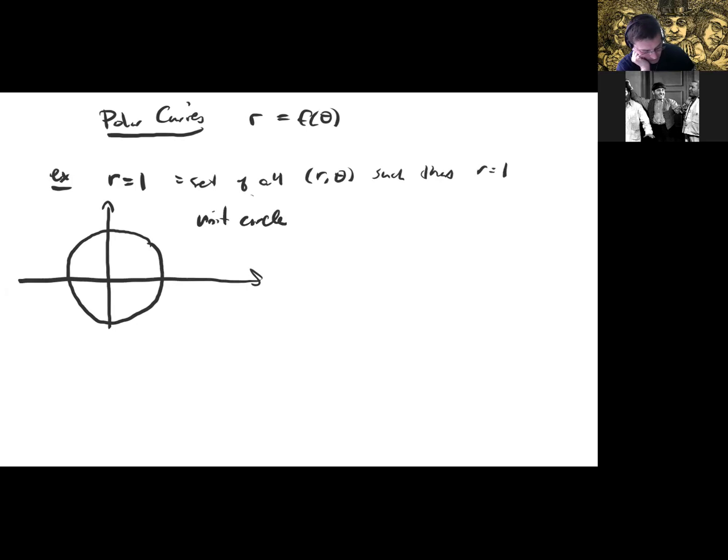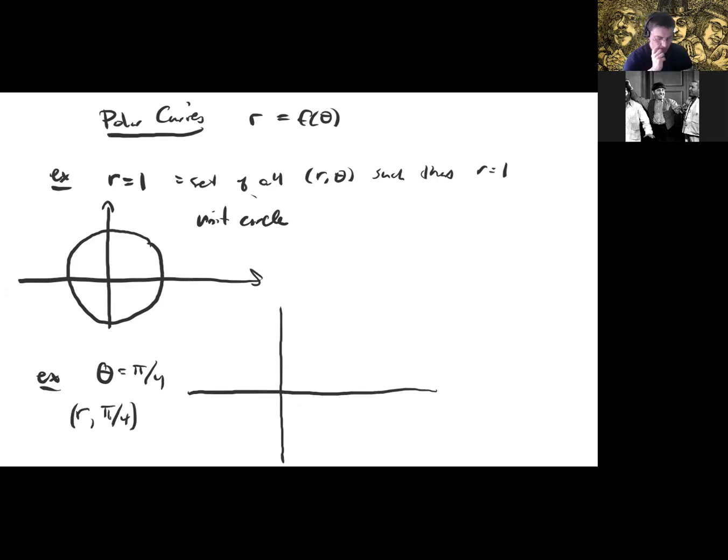Okay, that's pretty simple. What about theta equals pi over 4, let's say? Well, that's the set of all points of the form (r, pi over 4) in the polar plane.